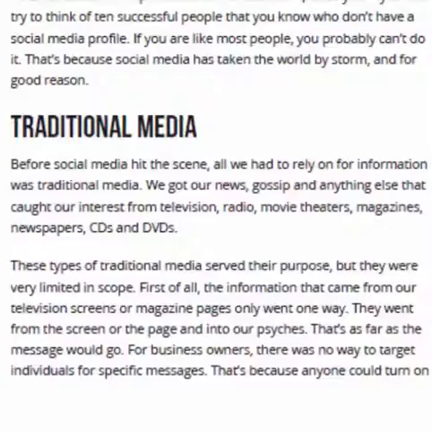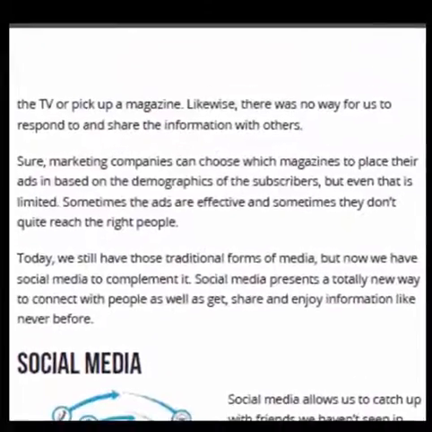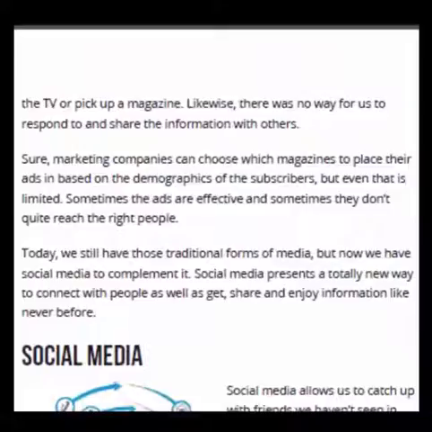That's as far as the message would go. For business owners, there was no way to target individuals for specific messages. That's because anyone could turn on the TV or pick up a magazine. Likewise, there was no way for us to respond and share the information with others. Sure, marketing companies can choose which magazines to place their ads in based on the demographic of the subscribers, but even that is limited. Sometimes the ads are effective, and sometimes they don't quite reach the right people.